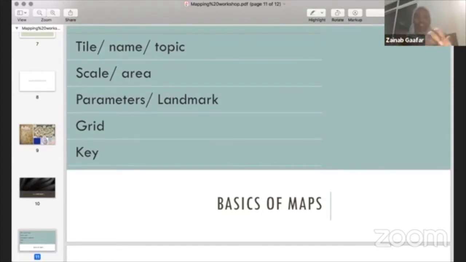And eventually, some maps actually include a key. If you're having a lot of information in that map, and you need them to understand what they're looking at, you put up extra information, for example, this dot or this color or this line means this height or this city, and so on. So usually most maps include at least some, if not all, of these elements.